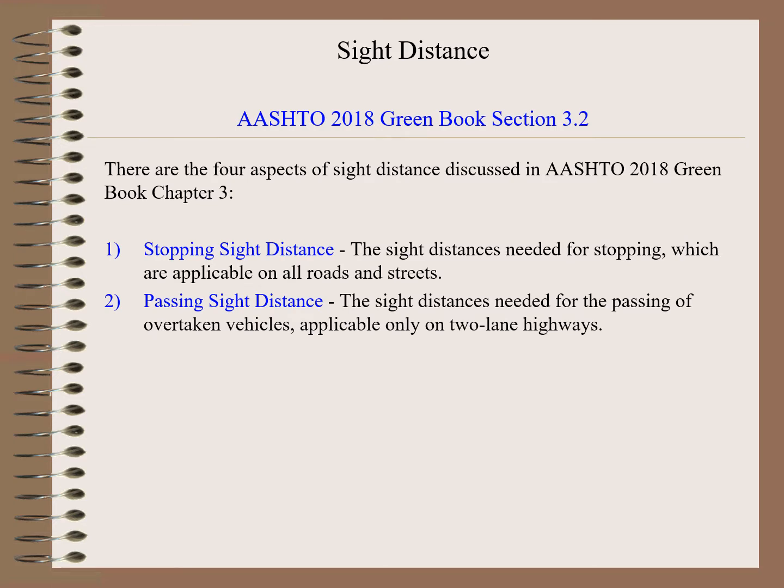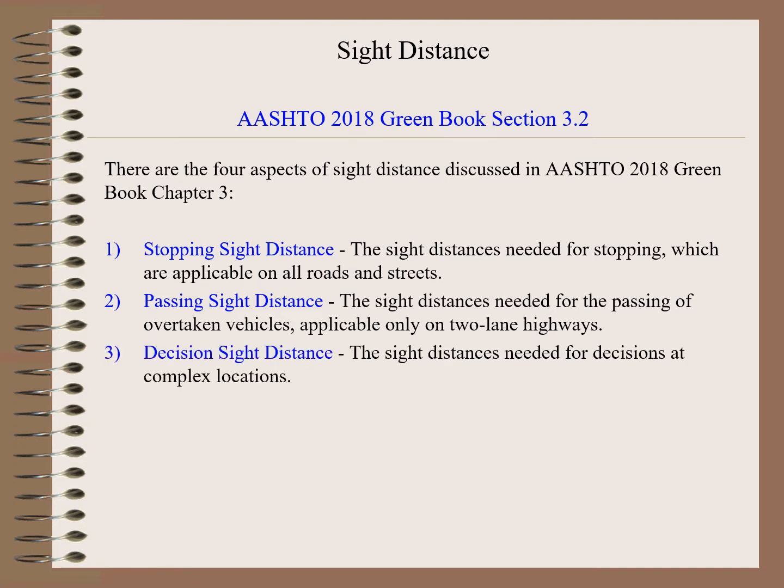This is the sight distance needed for the passing of overtaking vehicles, applicable on only two-lane highways. Third is the decision sight distance, the sight distance needed for decisions at complex locations. And the last aspect is the criteria for measuring these sight distances used in design.